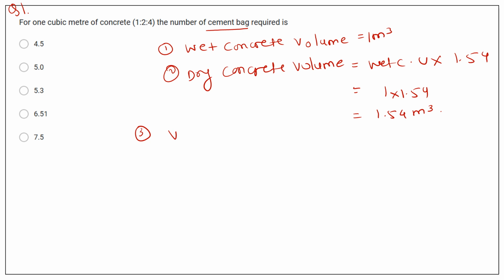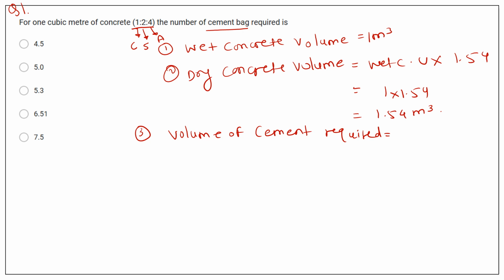So the third step is volume of cement required. So how to calculate the volume of cement required? Here the given ratio is 1:2:4. So here 1 is related to cement, second is related to sand, and third is related to aggregate.